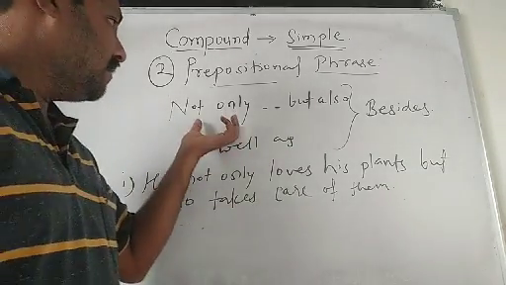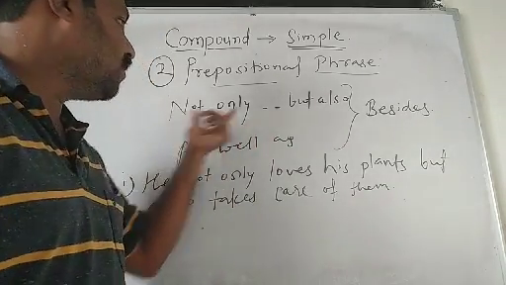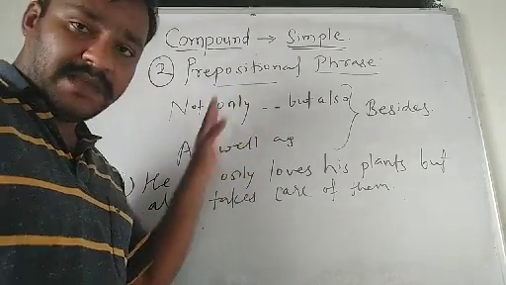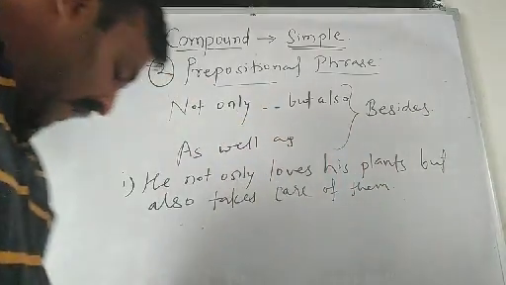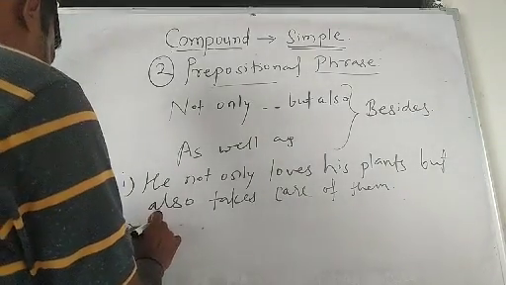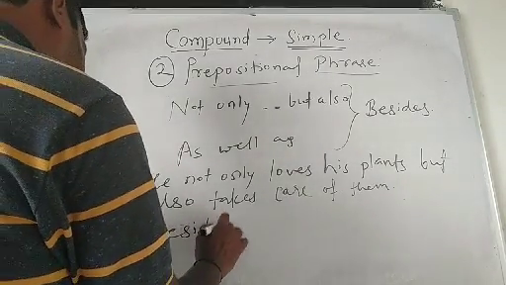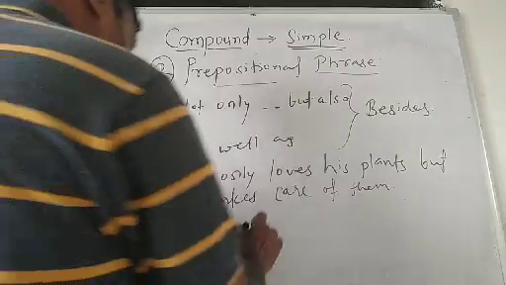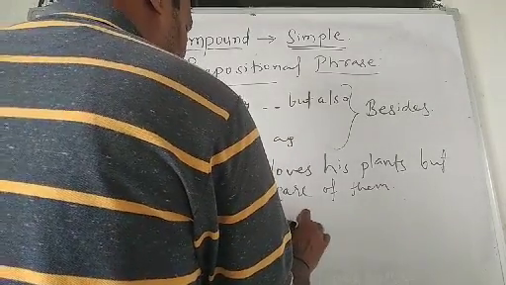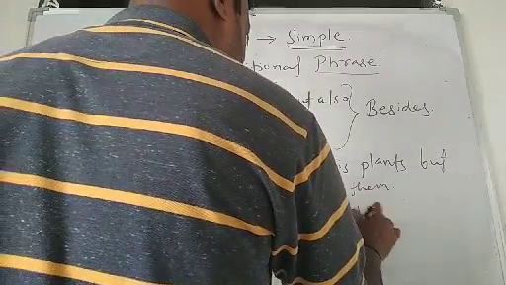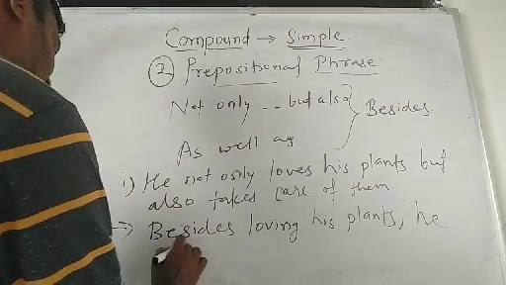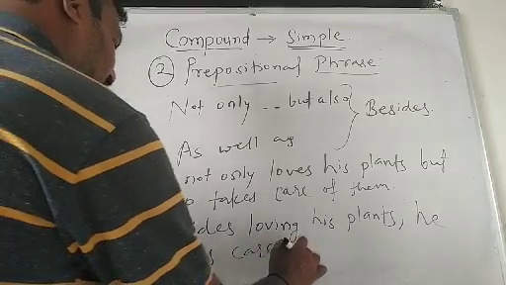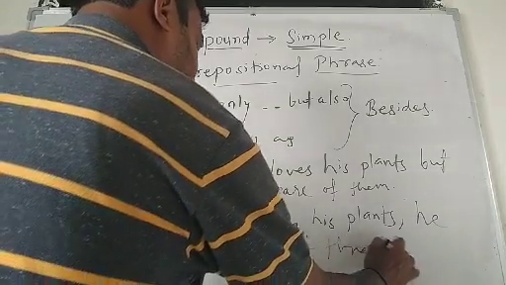As per the technique I told, if "not only but also", or else "as well as", are used, those words should be changed into "besides". So the answer of this sentence becomes: Besides loving his plants, comma, he takes care of them.